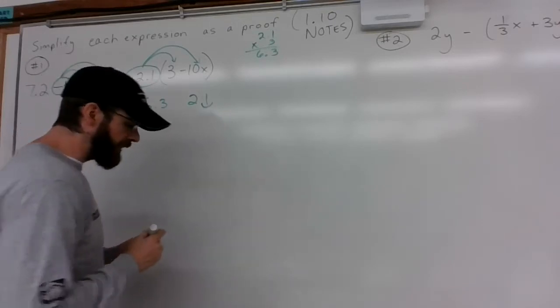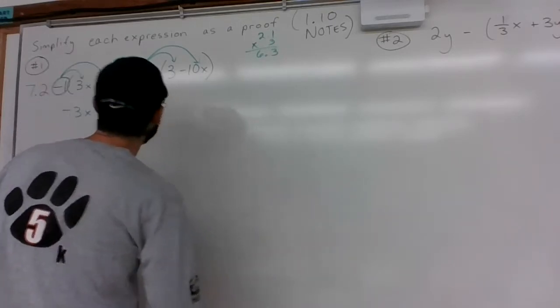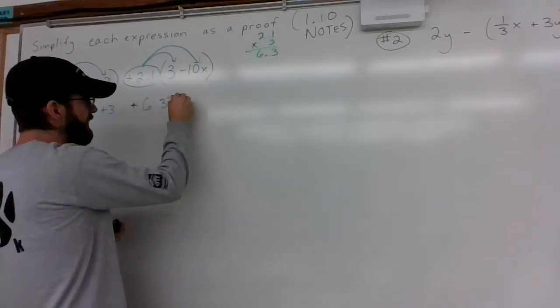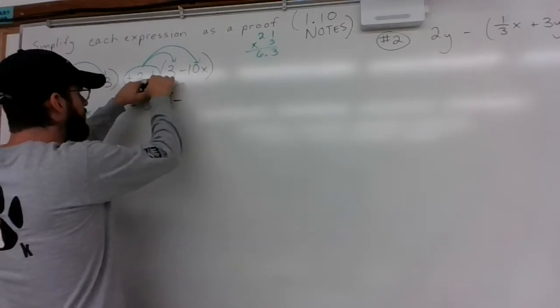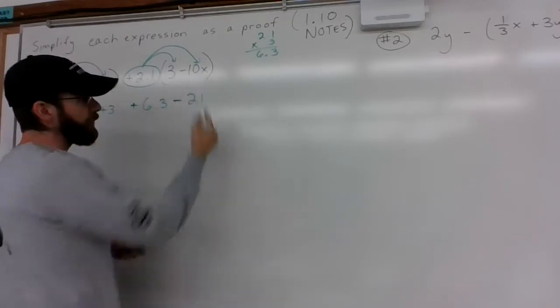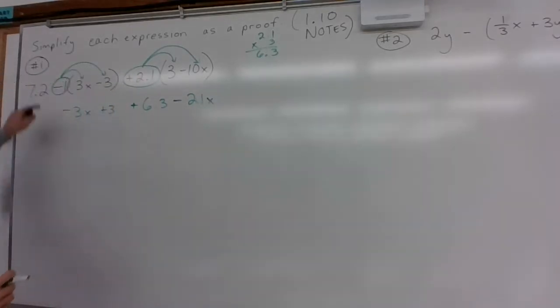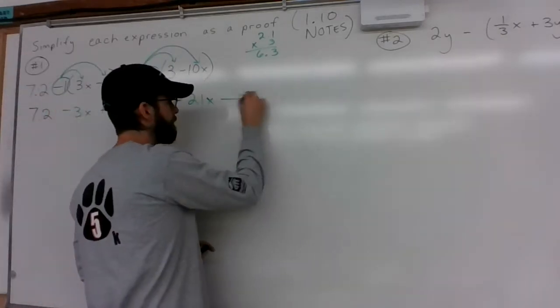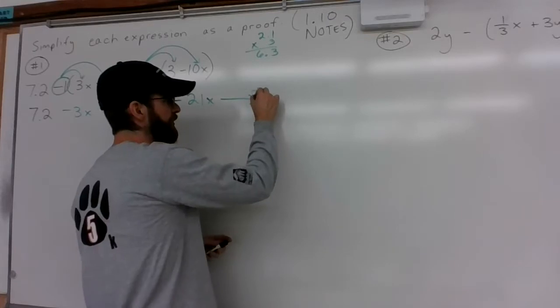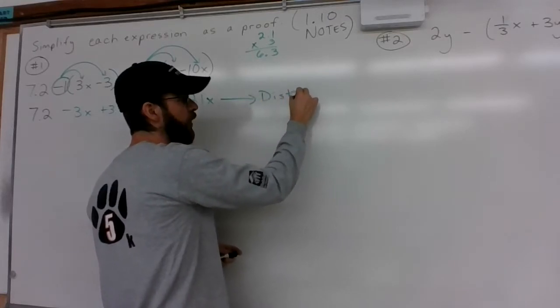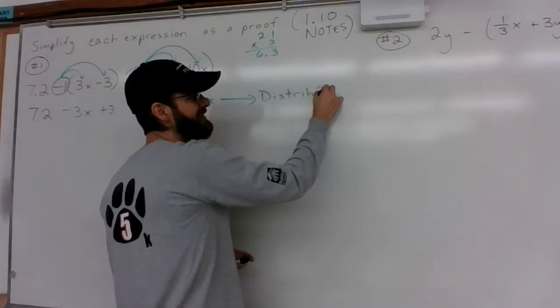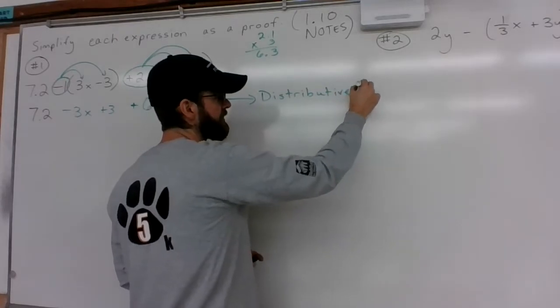So 2.1 times negative 10 is negative 21, and then we have to tack on that x at the end. Make sure you drop the 7.2. We would back that up with the distributive property because that's the one that gets rid of the grouping symbols. It gets rid of the parentheses.